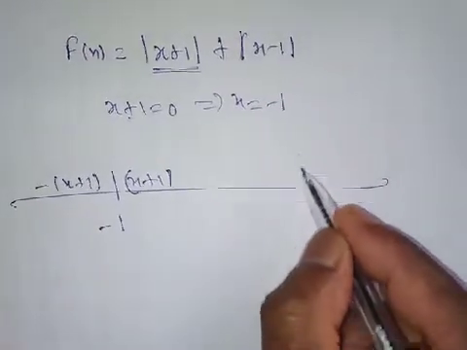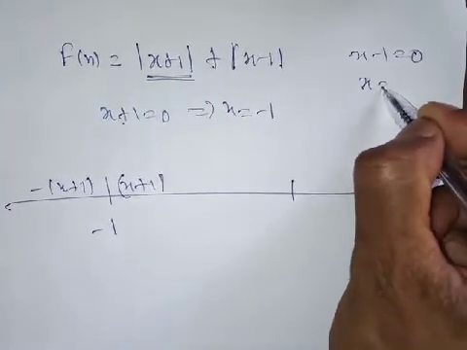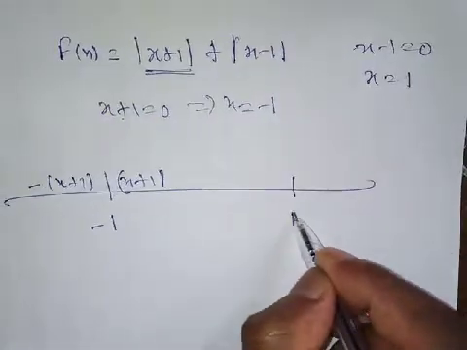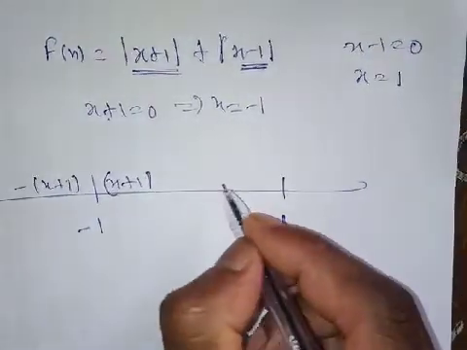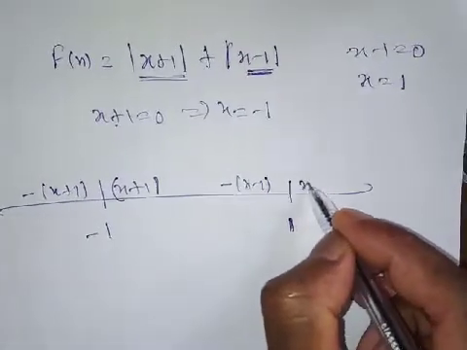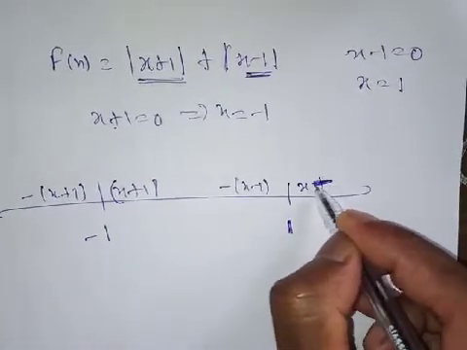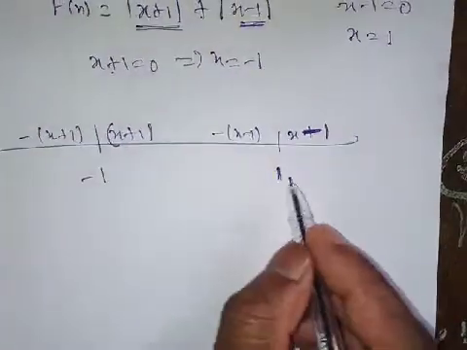The second function here, x minus 1 is equal to 0, so x is equal to 1. Left hand side of this will be minus of x minus 1, and right hand side will be the same as it is. Is it? So we got a breakup now.